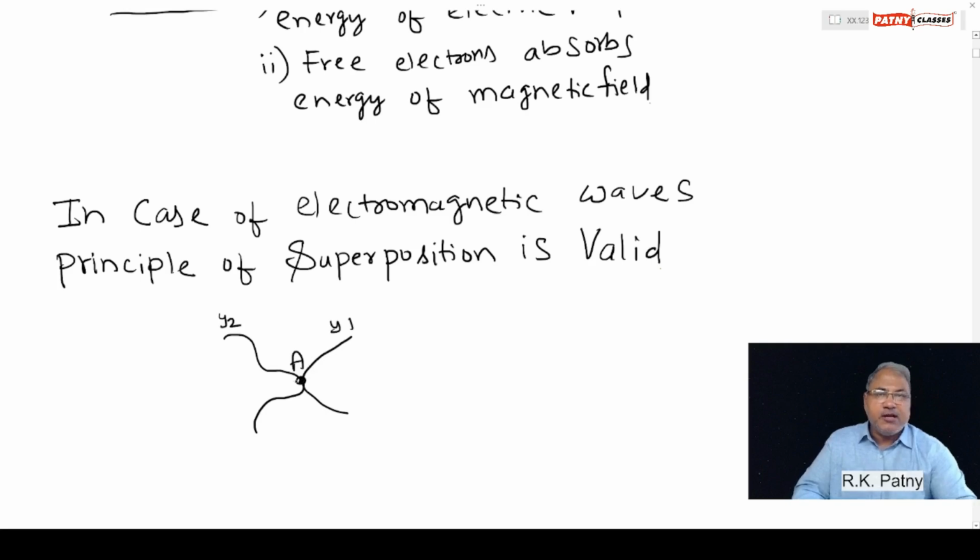The resultant displacement of point A will be the combination of the displacements due to the individual waves. This idea is called the principle of superposition. In another video, I will talk in detail about the principle of superposition. So in the case of electromagnetic waves, the principle of superposition is valid.